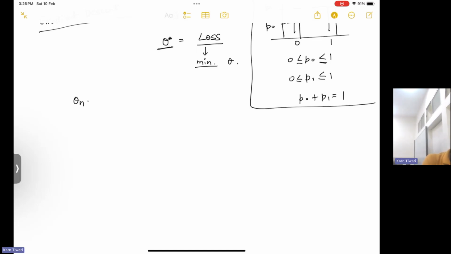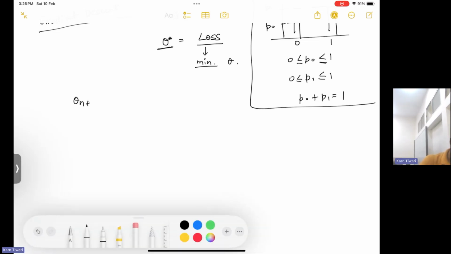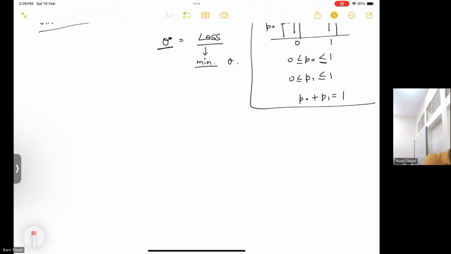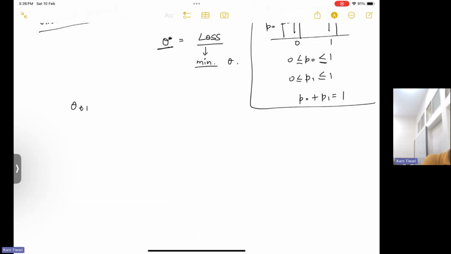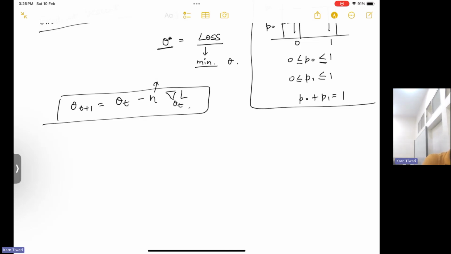In gradient descent, we perform a sequence of operations to adjust the weights. That is, theta t plus 1 is equal to theta t minus eta times the gradient of L with respect to theta, evaluated at theta t, where eta is the learning rate and L is the loss.